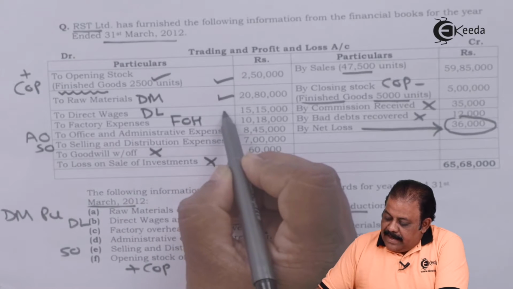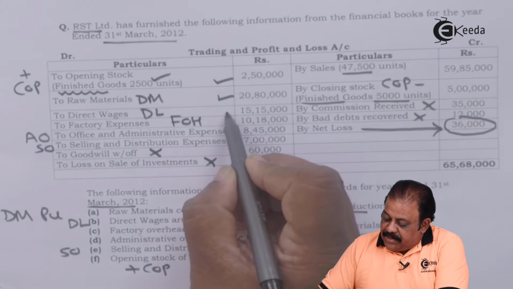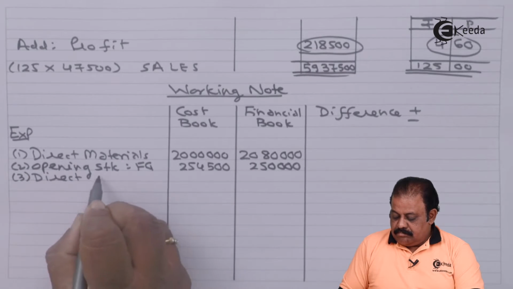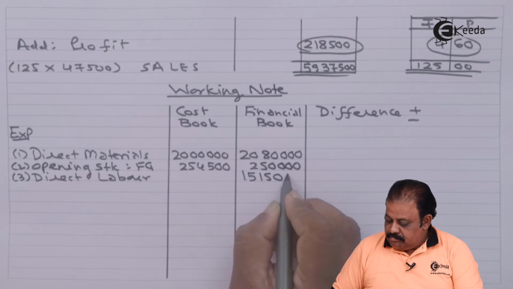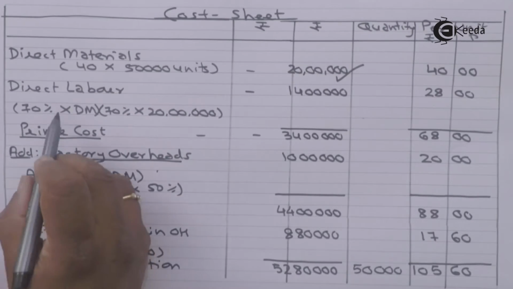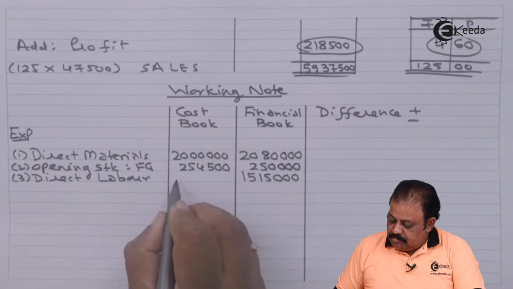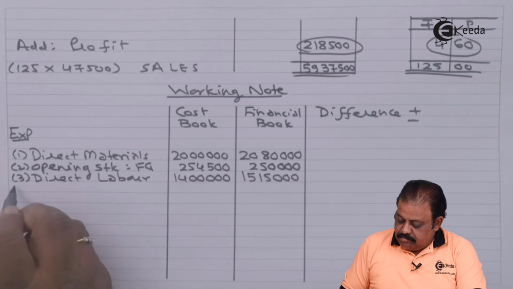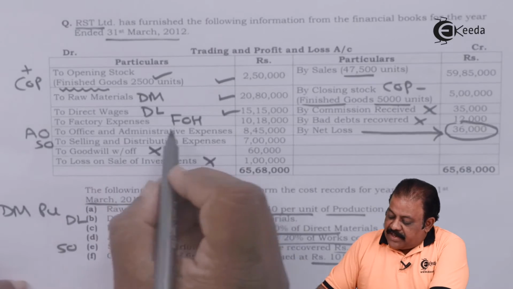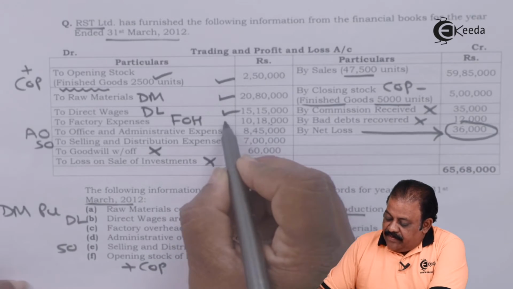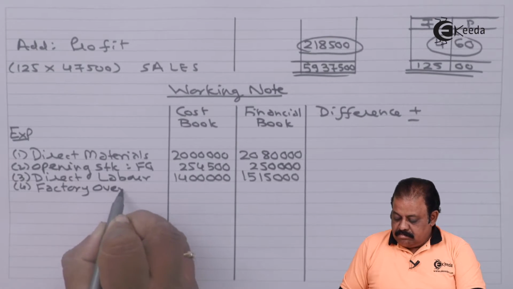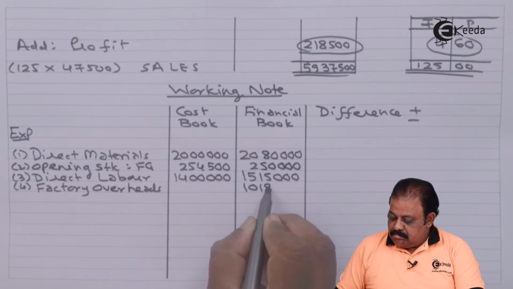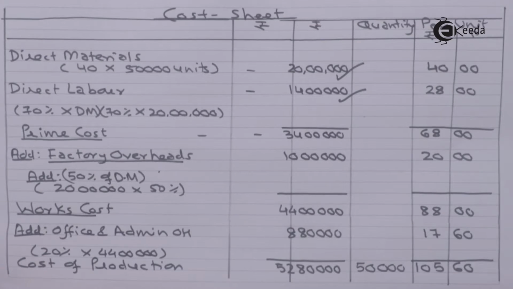Direct labor as per financial book 15,15,000. As per cost book, direct labor is 14 lakhs. As per financial book, factory overheads 10,18,000. As per cost sheet, factory overheads are 10 lakhs.